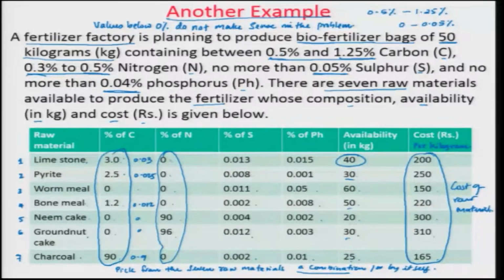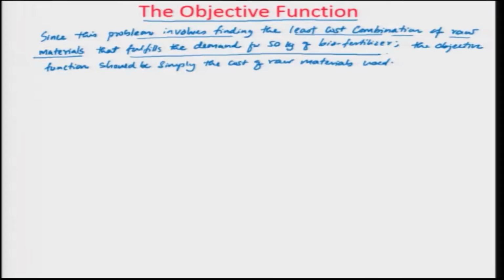So, how do we write that then? We have x1, x2, x3 the same way. So your cost is equal to, if you look in the table, the first one is 200.